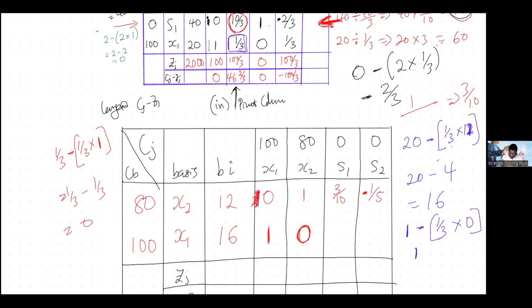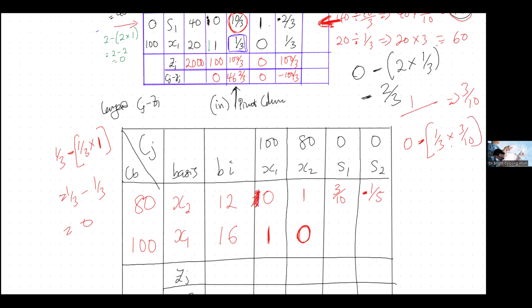Right? Now, S1. What is S1? S1 is actually the old number, there is 0, minus the 1 on 3 times what's the new number? 3 on 10.